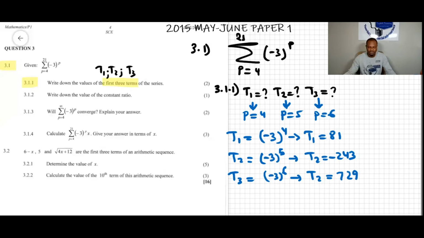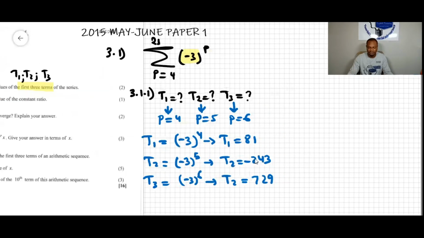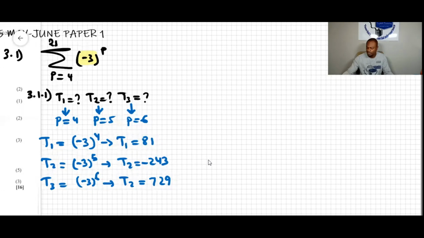For question 3.1.2, the question says write down the value of the constant ratio. The constant ratio will just be the same as the value over here. I'm looking for the constant ratio.